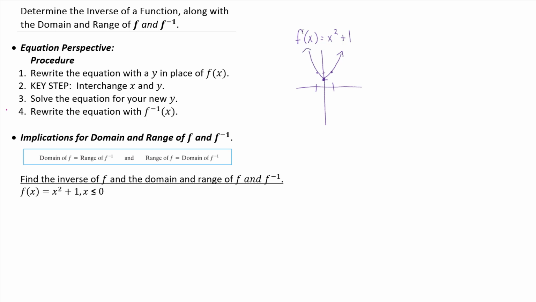So this would be f of x equals x squared plus 1, but we have the added restriction that x is less than or equal to 0. So with that in mind, we're only looking at from the vertex to the left of the y-axis.